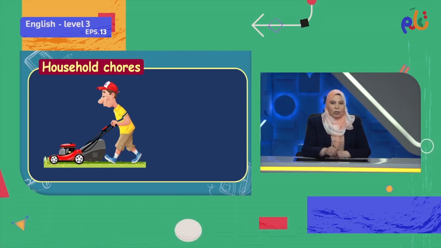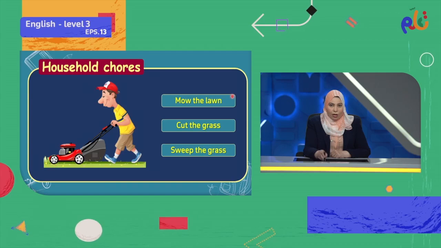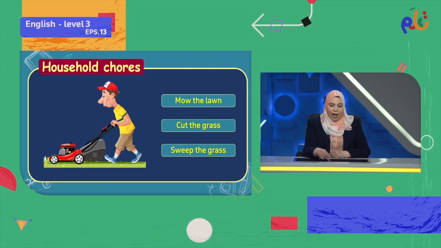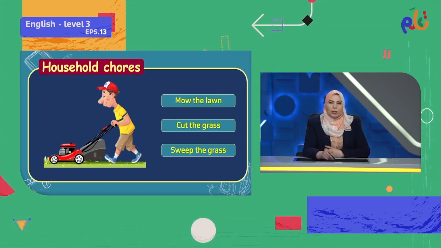Let's look at the next picture and see the options that we have. So here we have the gentleman. He's in the garden. So what options do we have? We have mow the lawn, cut the grass, or sweep the grass. Which one do you think it is?